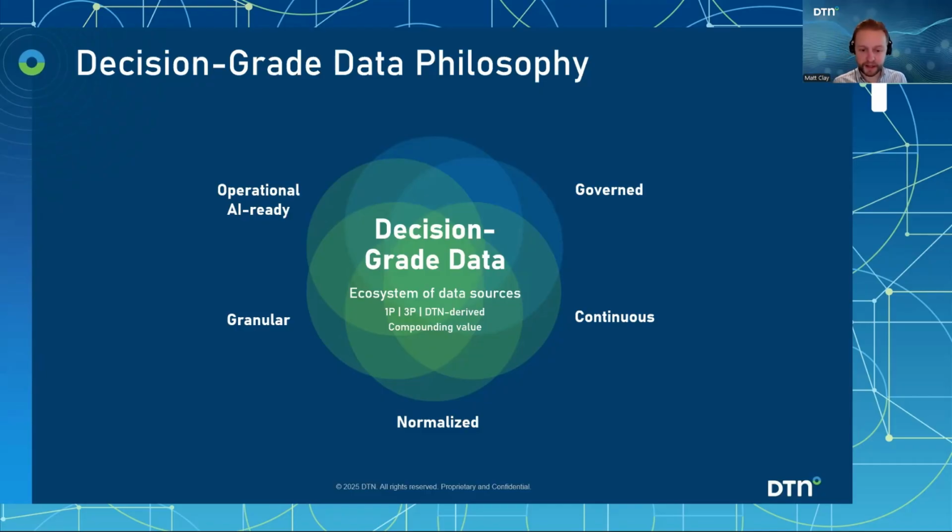It incorporates an ecosystem of different data sources, including not only the first party data, but we also ingest third party, and we have our DTN derived data as well, all of which delivers compounding value over time. Now, there are multiple dimensions that make it decision grade data, and we'll explore these in the chapter. But importantly, in today's world, everything that we do is operational AI ready. And that really takes advantage of our advanced partnership with both AWS and also NVIDIA.